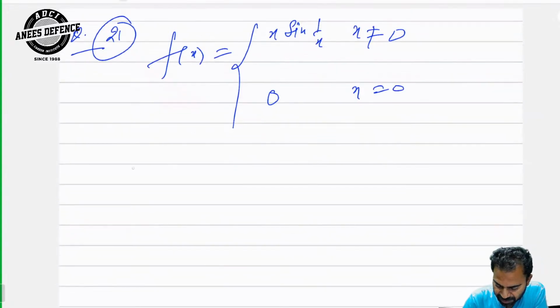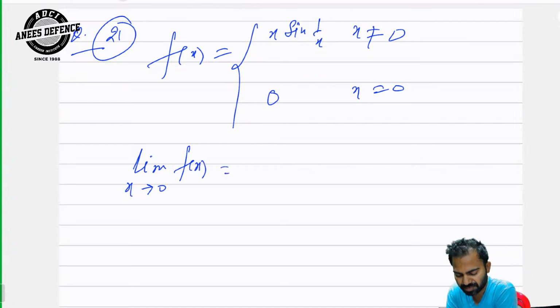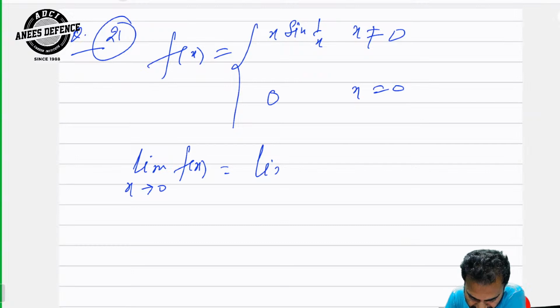You have to find the limit x tends to 0 of f of x. So limit x tends to 0 of x sine 1 by x.